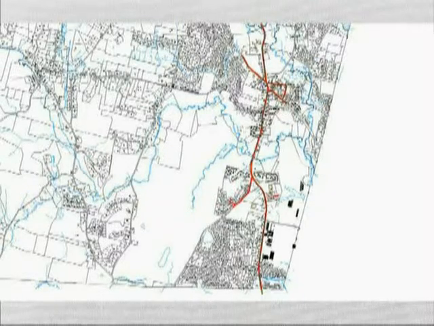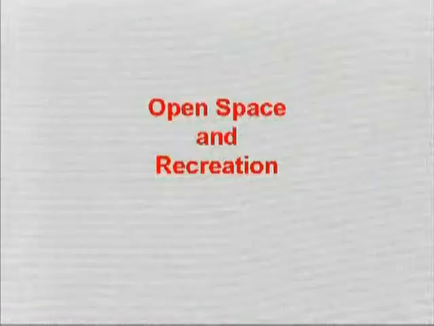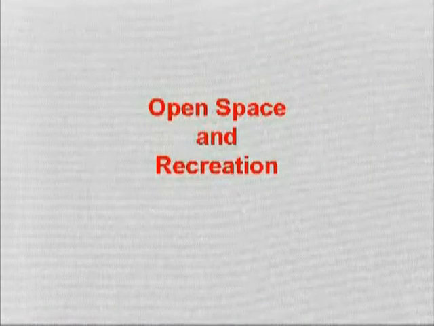So it's just important to know where the sewer line is, because that tends to mirror where most of our commercial industrial development is, except when you go real far north, it doesn't go up to where Aero Concrete is. So we'll go into open space and recreation.